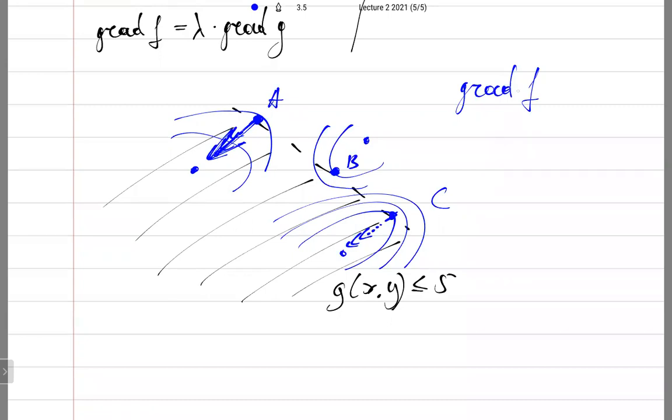So the gradient of f here shows me the direction in which I see the top of the hill. The gradient in the point B shows me that direction. The gradient in the point C shows me that direction. Okay, we have drawn gradients of function f in various points. Any questions up to now?